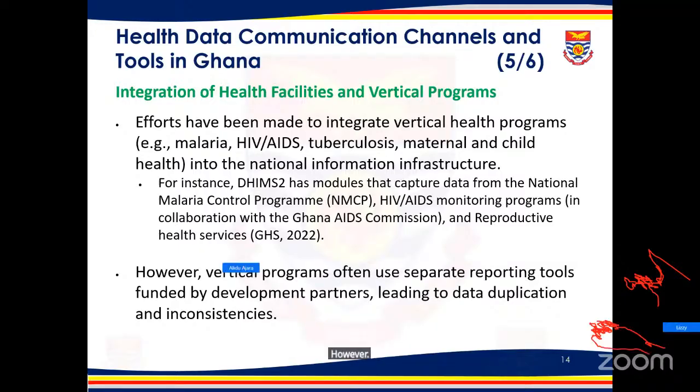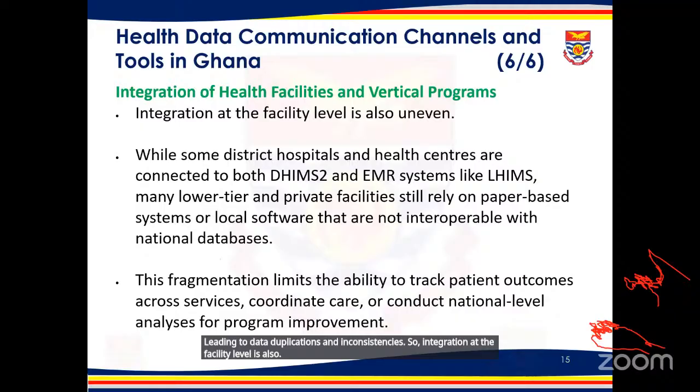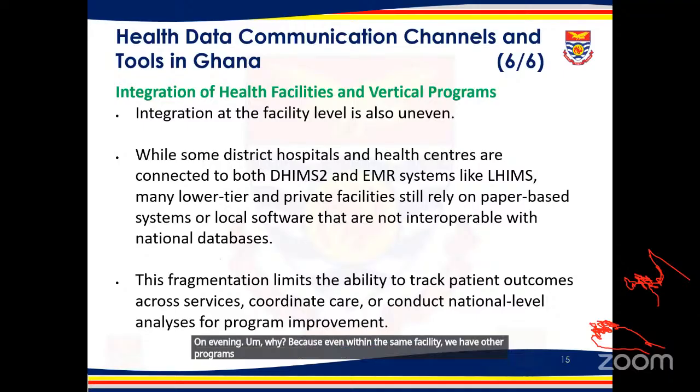However, these vertical programs often use separate reporting tools funded by development partners, leading to data duplications and inconsistencies. So integration at the facility level is also uneven. Why? Because even within the same facility, we have other programs running which also collect their own data.